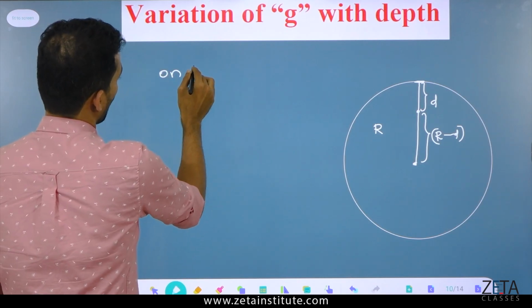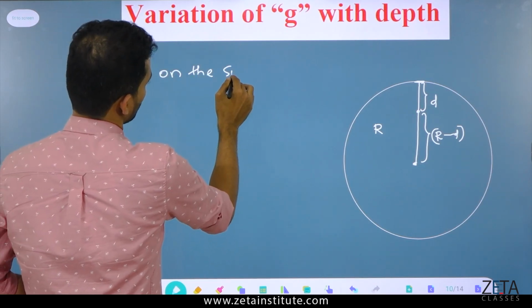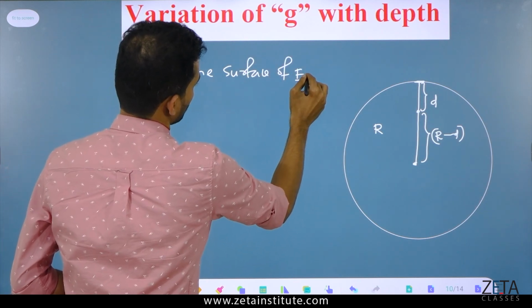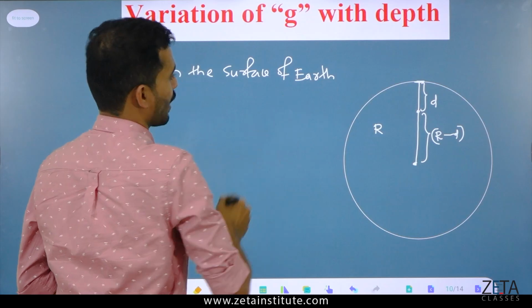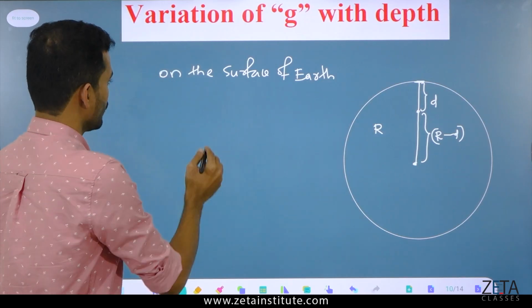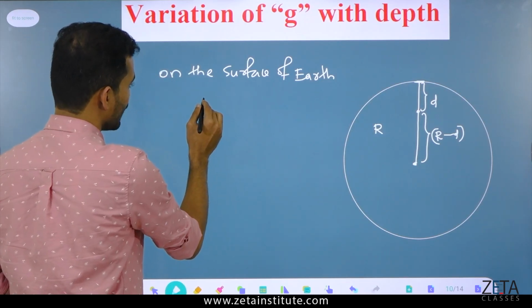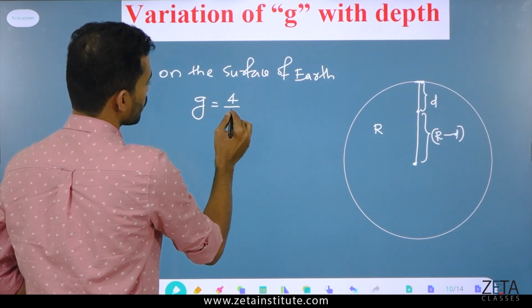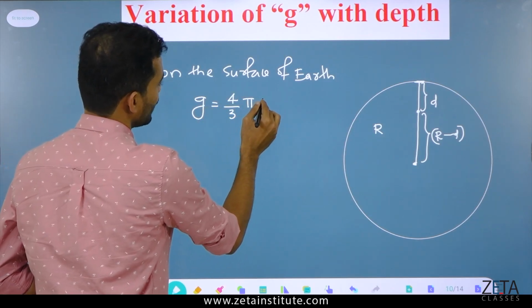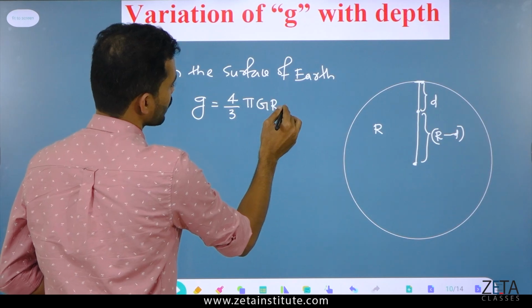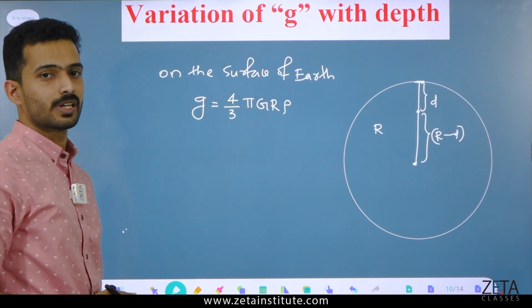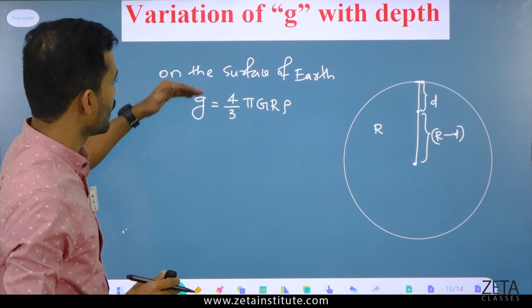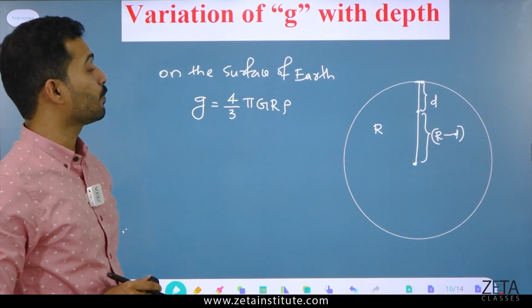So on the surface of earth, what is the value of acceleration due to gravity? We know that in terms of density, the value is given by g is equal to 4 by 3 pi G R rho. So we have already discussed it.